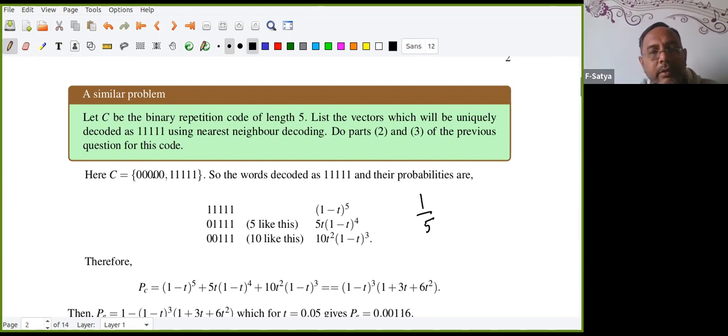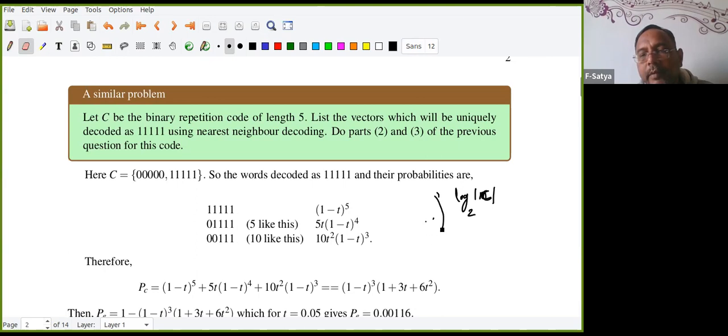See, this is actually log base 2 of the cardinality of C. Log base 2, the logarithm function. Log base 2 of the cardinality of M, but cardinality of C. So 2 words are there, 2 power 1, so 1 by 5 is the answer. This is the rate.